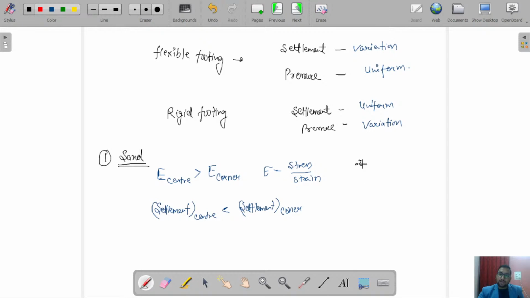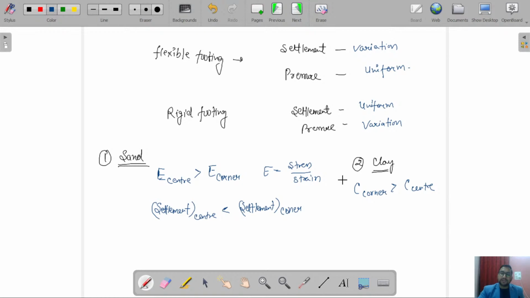Now let's talk about clay. So the resistance due to cohesion value is more at corners as compared to at center. So you will get more cohesion resistance, or you can say cohesion at corner, we are going to get more than at center.